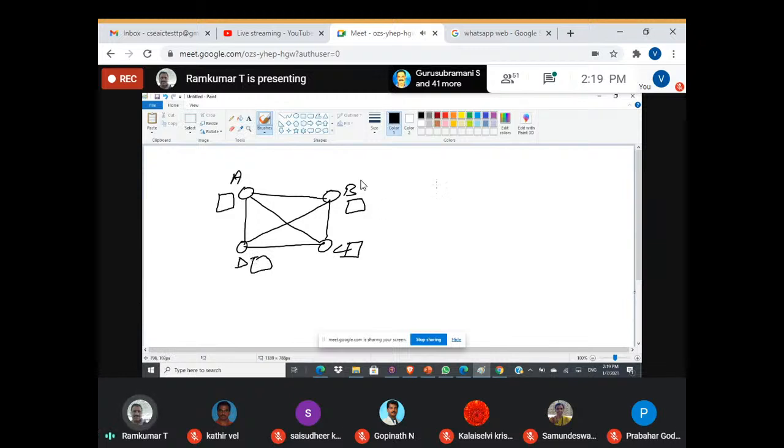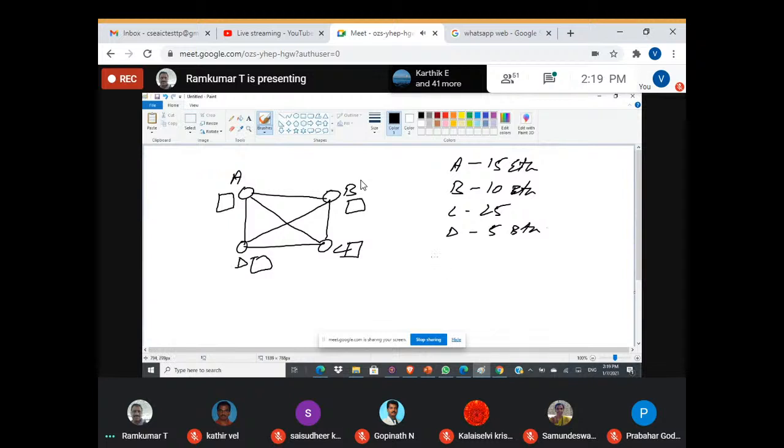Now what is this ledger? Suppose A is having 15 ETH. I'm talking about ethers, right? B is having 10 ethers, C is having 25 ethers, and D is having 5 ethers.